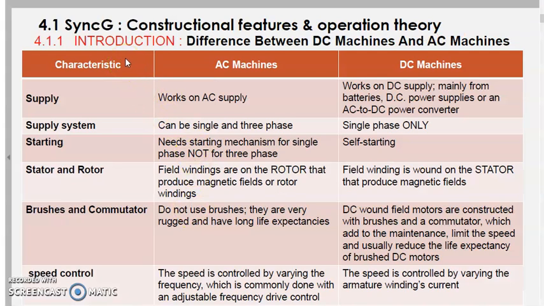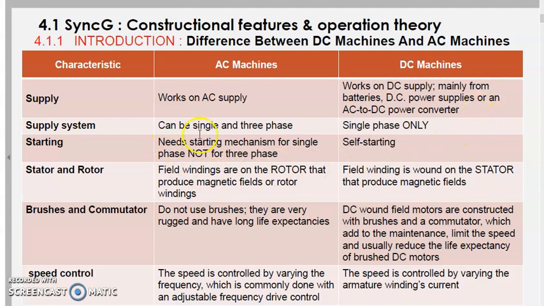The table lists the difference between DC machine and AC machine. A DC machine is connected to a DC source, compared to the AC machine which is connected to an alternating current source. So in terms of supply, AC machines work on AC, and DC machines work on DC, mainly from batteries, which we use in EV cars, electric scooters, and all DC supplying source systems.